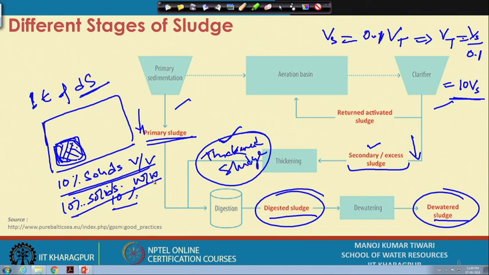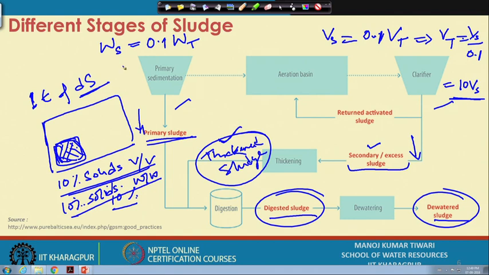In that case, if you have 1 ton of dry solids, that means 1000 kg of dry solids. So, that means this is the total weight of the sludge. Let us say, similarly, the weight of solids is equal to 0.1 times the weight of the total sludge.